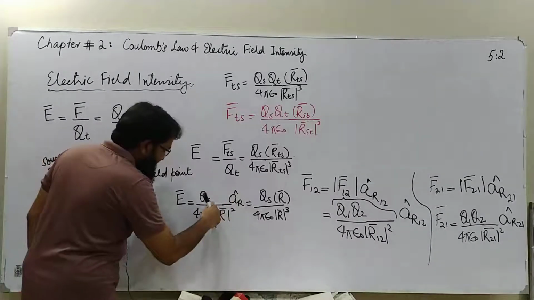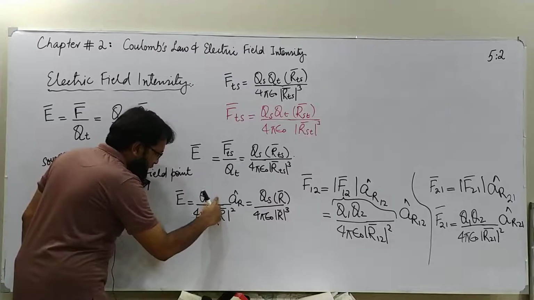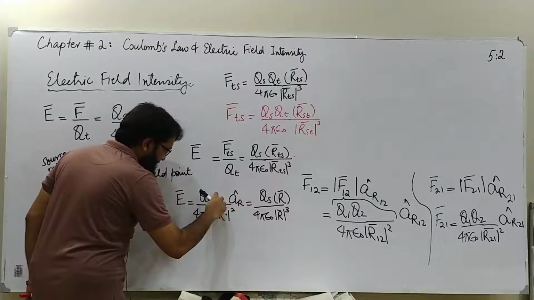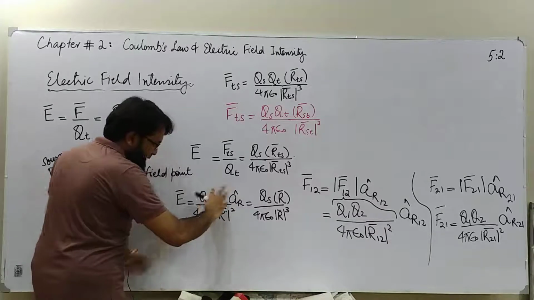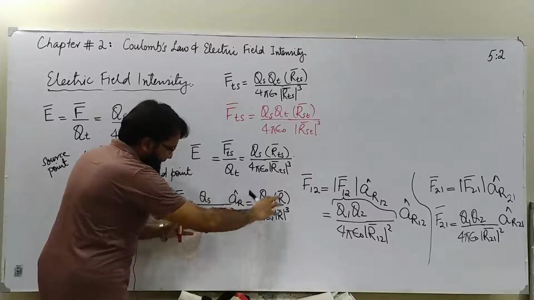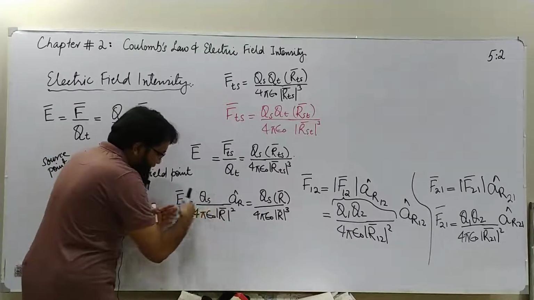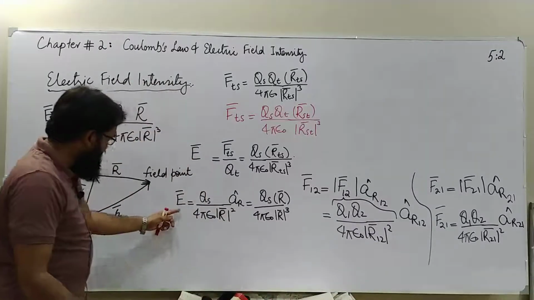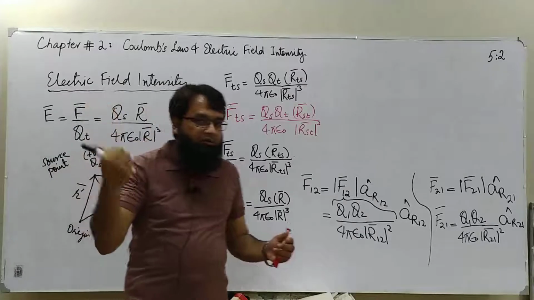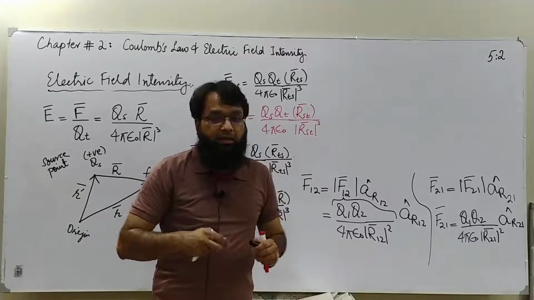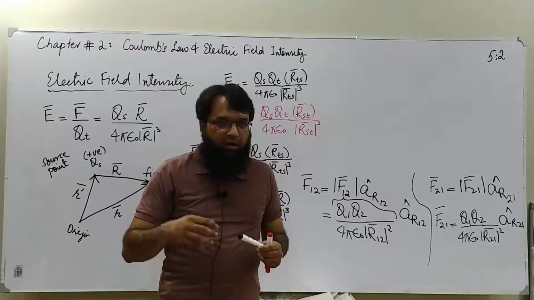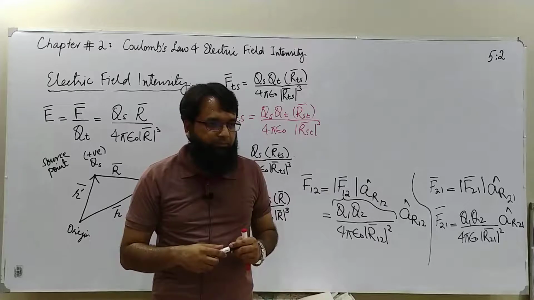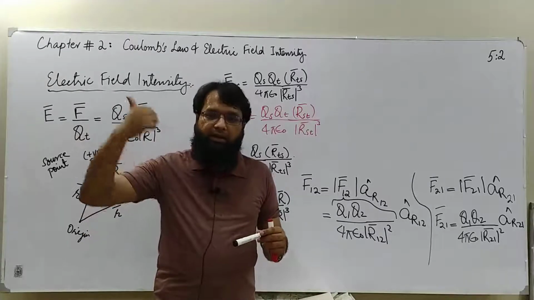So now it is implicit that 1 Coulomb is here, implicitly written here, but we have not shown it obviously. So electric field is nothing but the force. It is nothing but the force field. That's why we say that electric field intensity belongs to the vector effect of the electric field, which belongs to the force field category of effects.